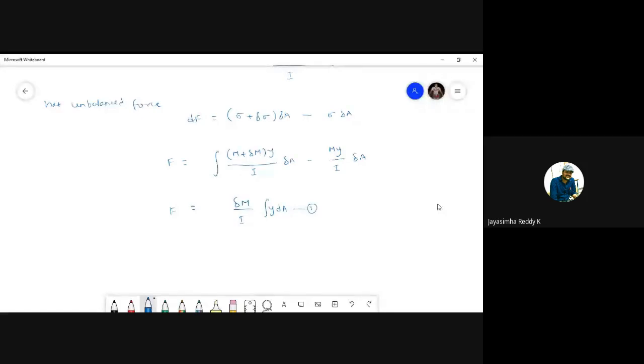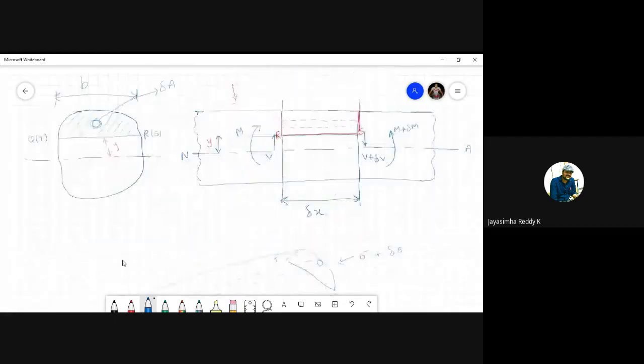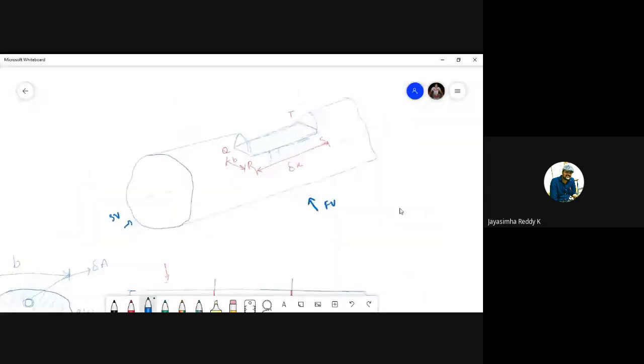Now what I wanted to say is that this unbalanced force is resisted by shear stress. Okay, see here, all of you see the figure. There is a difference of force at this point and at this point, right?